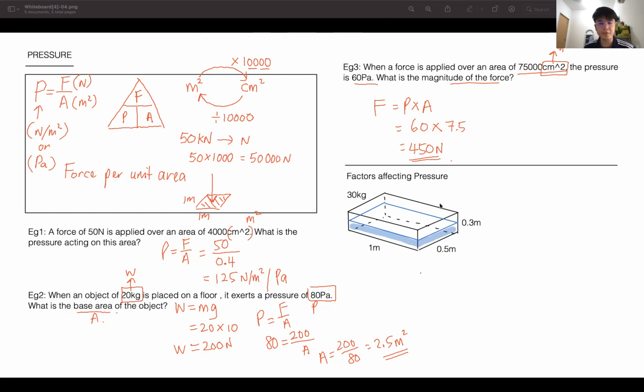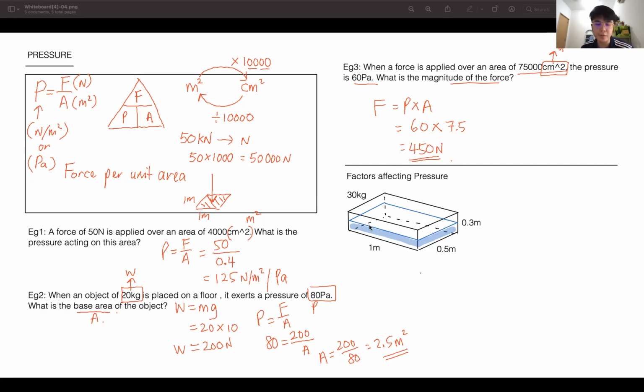What are the things that could affect pressure? Again, we look at factors affecting pressure. Here you see a container. Suppose that it is half filled with water. We have the dimension of the container and the mass. So calculate the pressure acting on the floor. We get the base area first.